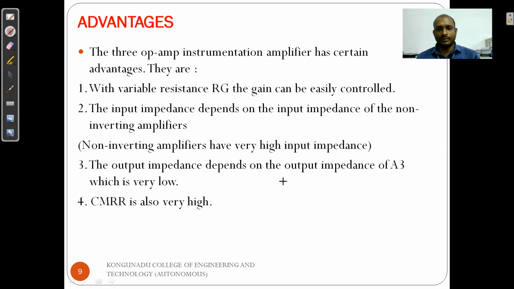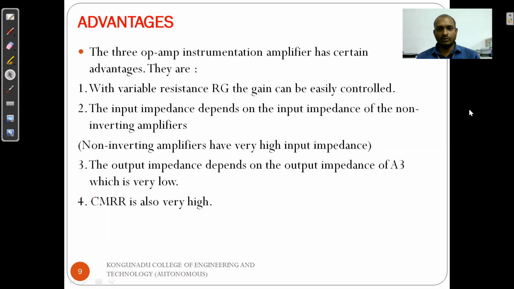The output impedance depends on the output impedance of A3, which is very low. So input impedance is high and output impedance is very low. The CMRR value, that is common mode rejection ratio, is also very high. So it has better stability and gain.